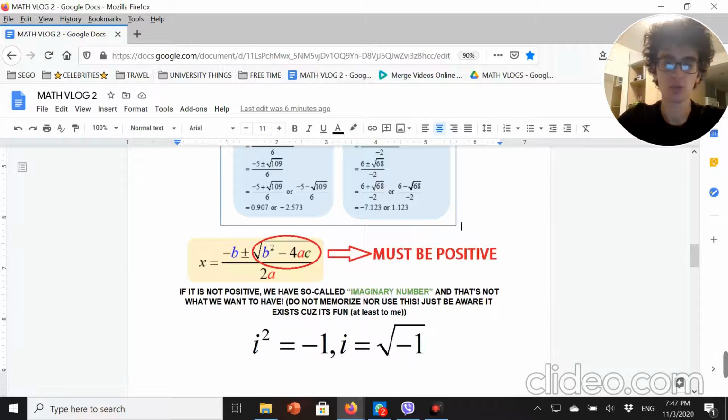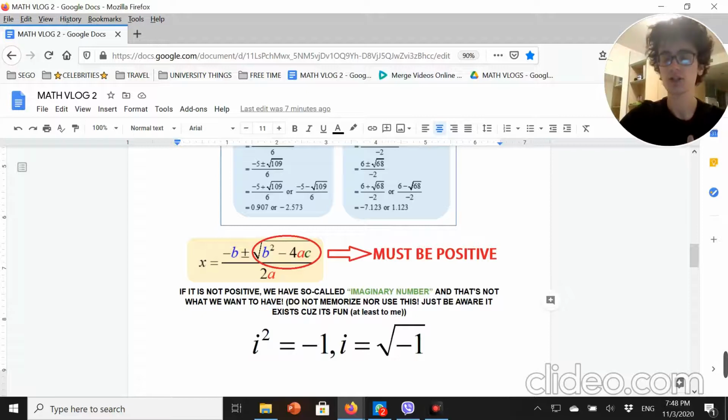So if you ever see this little notation here, i, you would know what it is about. If you ever see 3i, you would know, okay, that is the square root of -9. So the square root of -9 would give us 3i.